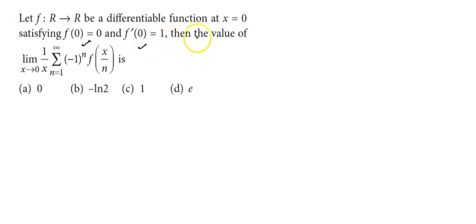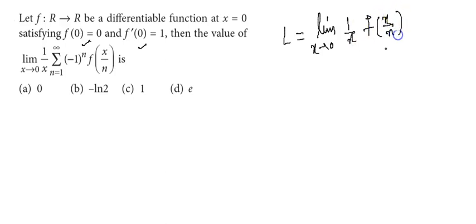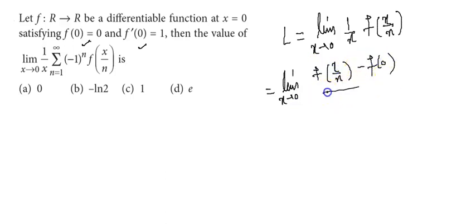Okay. Let's do one thing. Put L equal to the limit as x approaches 0 of 1 by x into f of x by n. We can write it as the limit as x approaches 0 of f of x by n minus f of 0 upon x minus 0.